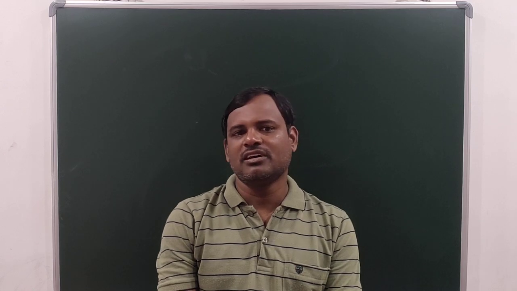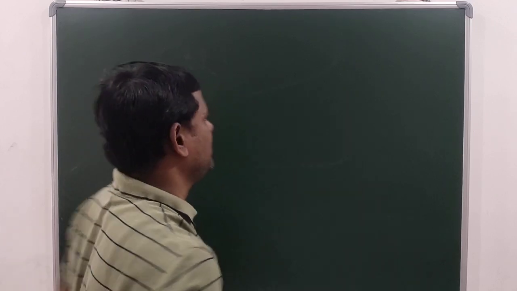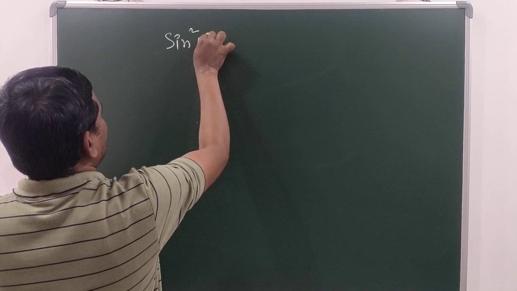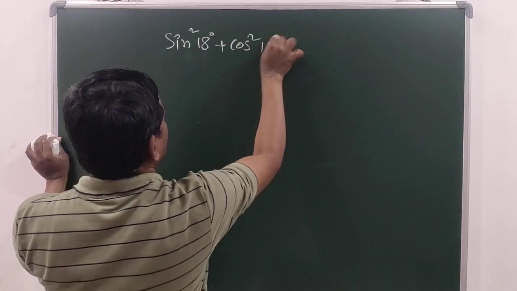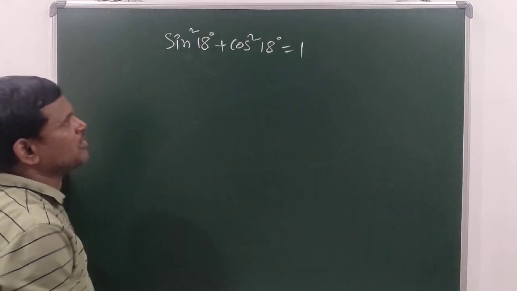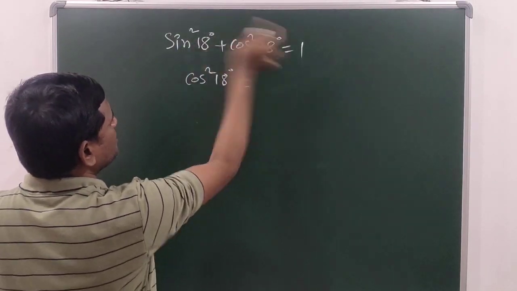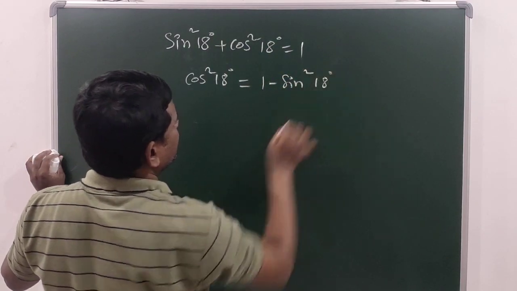You know, that is familiar to us: sin square theta plus cos square theta is equal to 1. No? I use that identity. So here, sin square 18 degrees plus cos square 18 degrees is equal to 1. So we want cos square 18 degrees. Now transfer this one to the right side: 1 minus sin square 18 degrees.